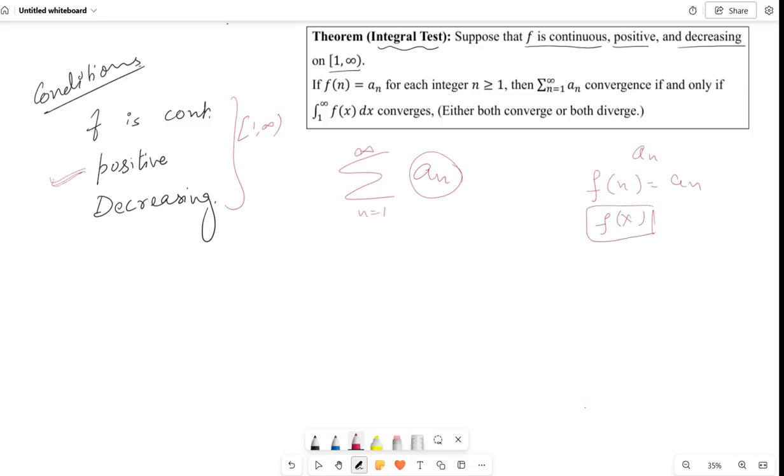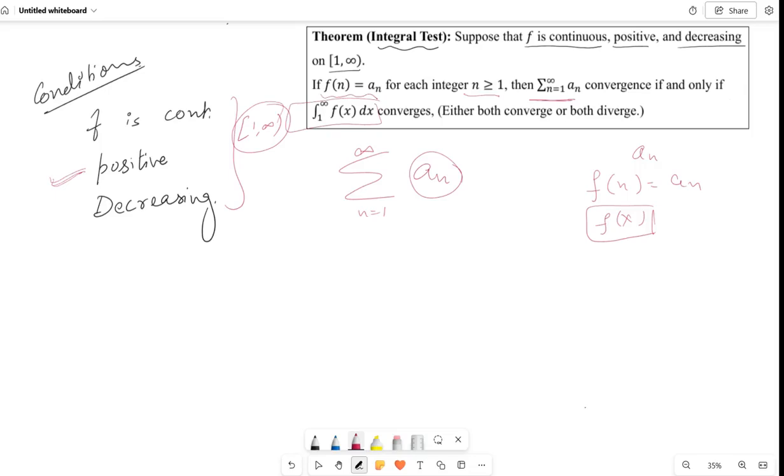That is our function which we use. We say, suppose f is continuous, positive and decreasing on the given interval. If that is true, the function which we are using is the same as a_n for n greater than or equal to 1. Then the series converges if and only if this integral converges.